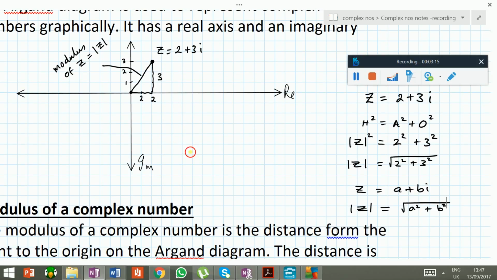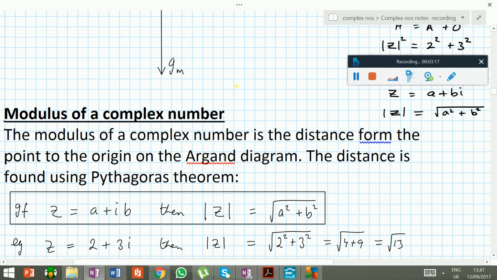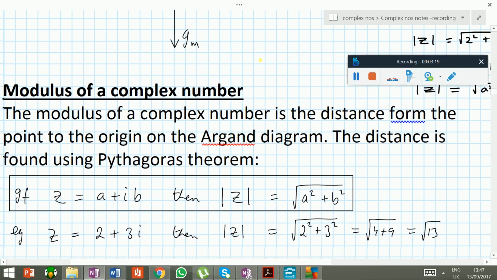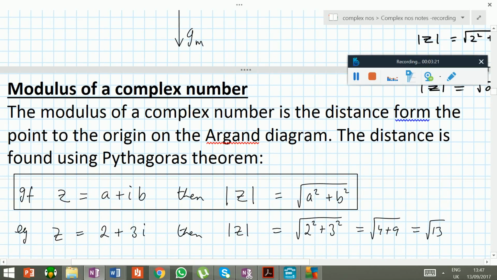That's a general formula. Here is the modulus of a complex number: it's the distance, that's a typo there, from the point to the origin on the Argand diagram. The distance is found by Pythagoras' theorem. This one you've got to remember. It doesn't appear in the table book, so you just basically have to remember it.